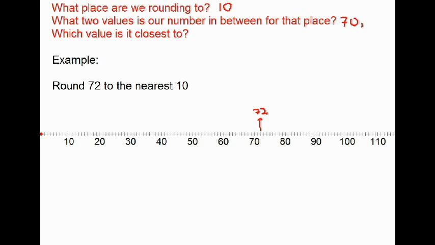Which one of these values is it closer to? Is it closer to 70 or is it closer to 80? We can see that it's a lot closer to 70. So in this case, when we round 72 to the nearest 10, because we're moving to the left on the number line, we would say that 72 rounds down to 70.